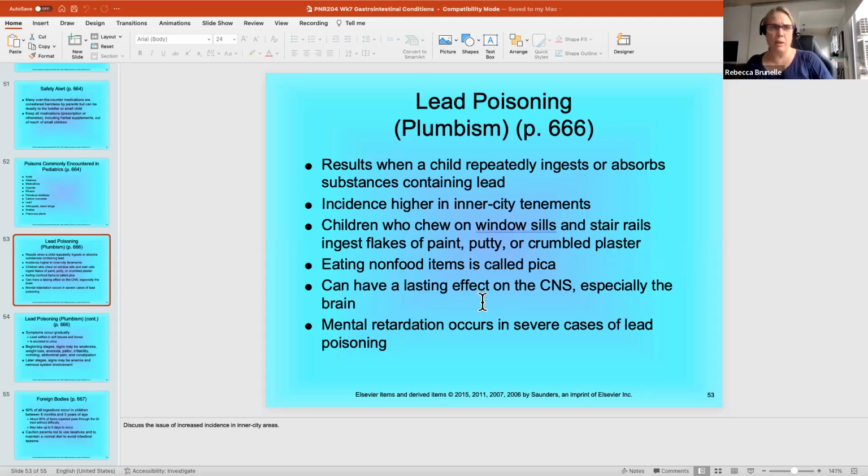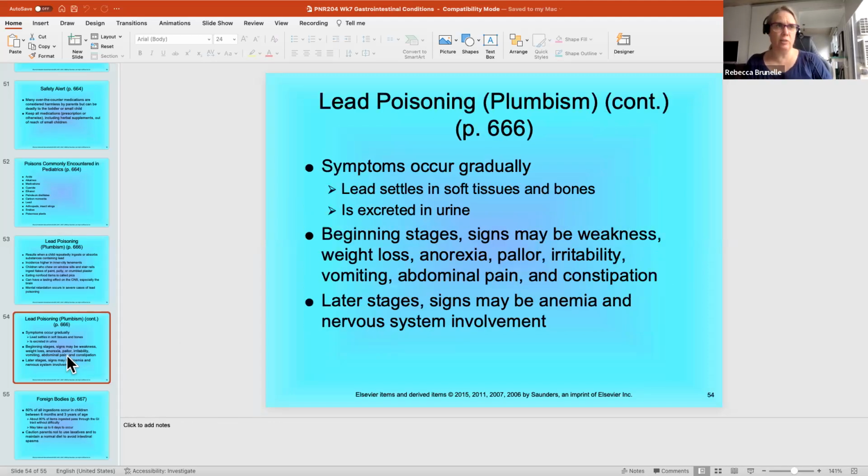And the main reason we really worry about it is that lead poisoning can cause mental retardation if it's not treated early. So if they have risk factors depending on where they live, they usually do a serum blood test to check the lead level. In the beginning, it presents as a lot of different things. They're just kind of not feeling very well, weakness, irritable.